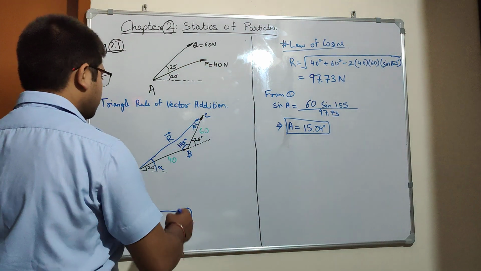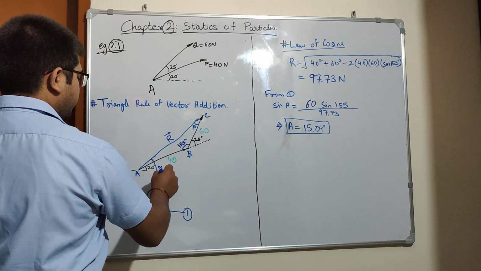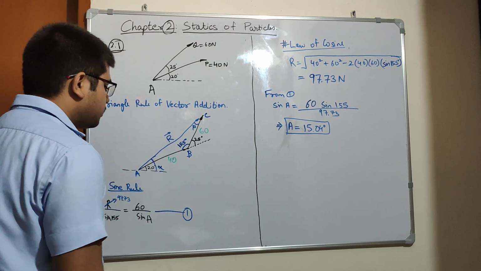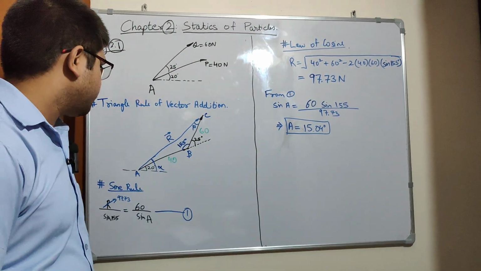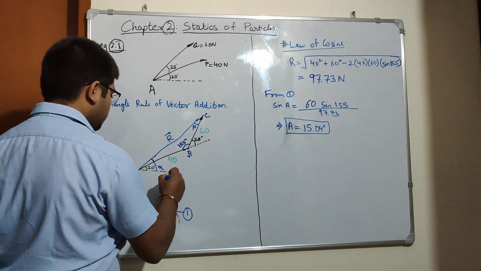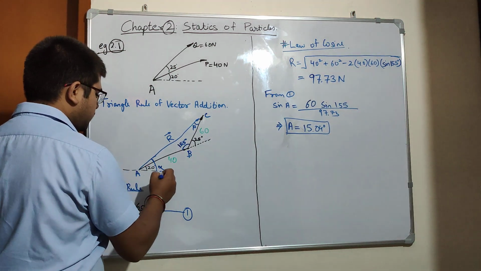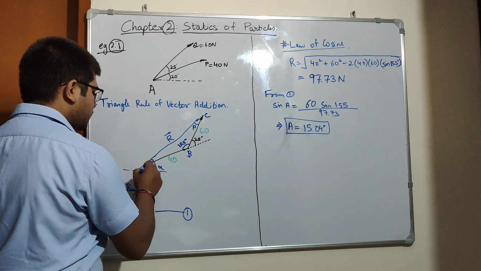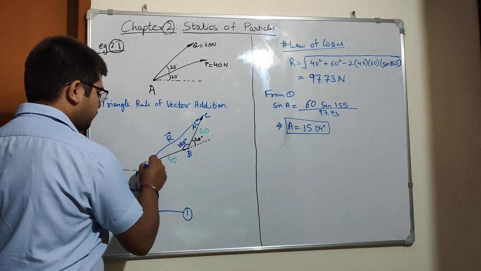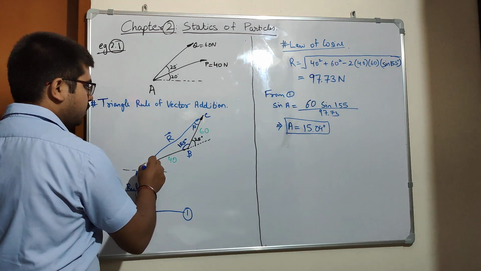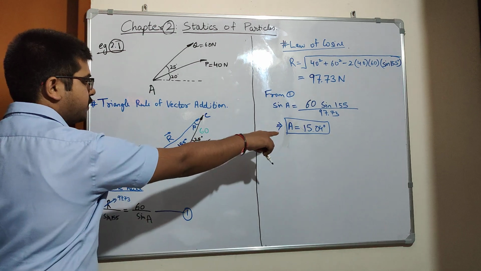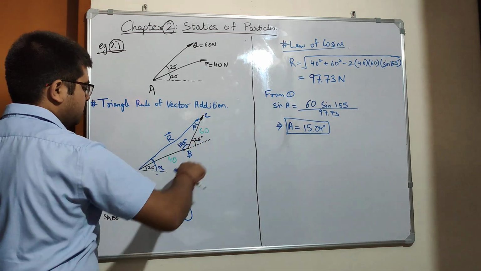But the resultant, when we write the resultant, it should be from a given axis, from a predefined axis. So this is the x-axis. From the x-axis, A is A, we know A. This one A we know that is 15.04 degrees.